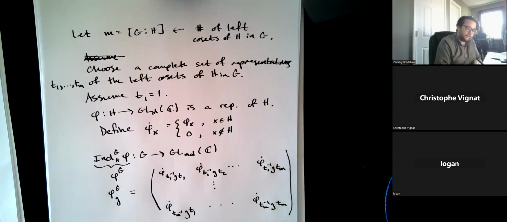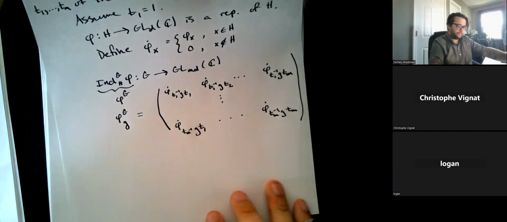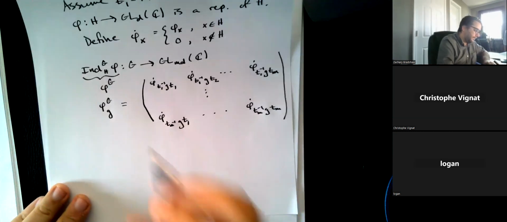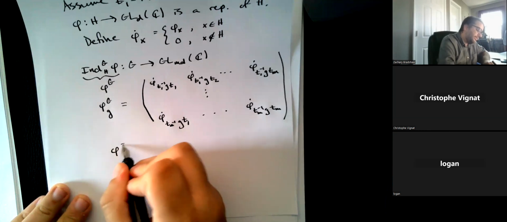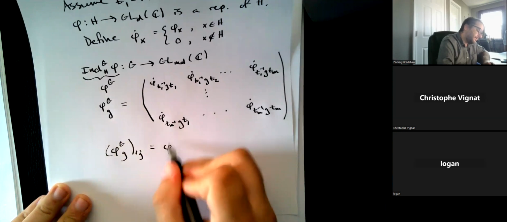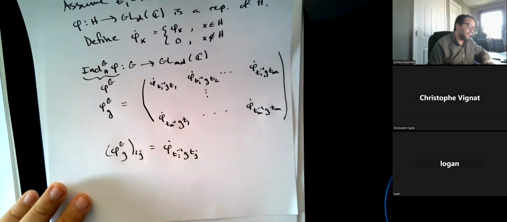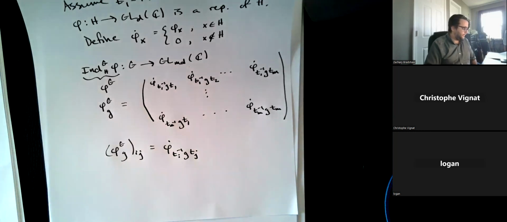So in other words, phi G is defined component-wise, like so.